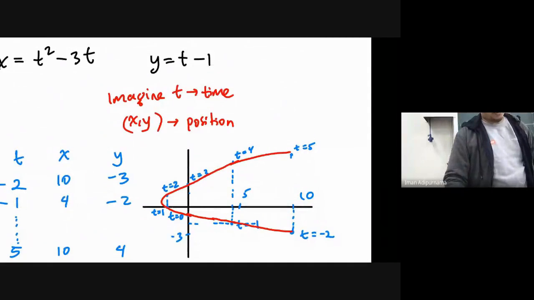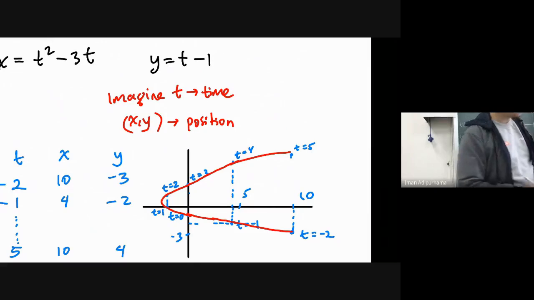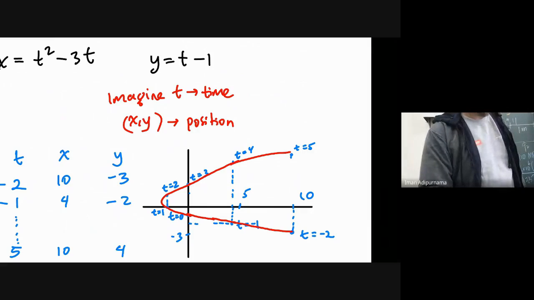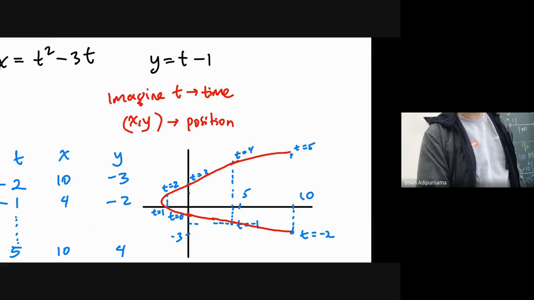Okay, more or less it should be symmetrical, but what I want to show you is you can make any movement based on how the t changes.